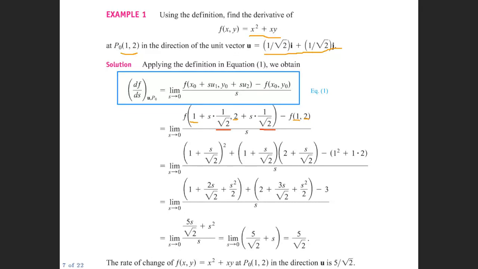And then when we calculate the function, x squared plus xy, and simplify, and I'll leave this all for you to check, we get the answer to this question, which is 5 over root 2. To say this another way, as it says at the bottom, the rate of change of x squared plus xy at the point 1, 2 in the direction u is 5 over root 2.